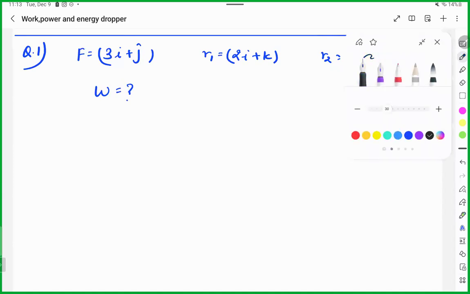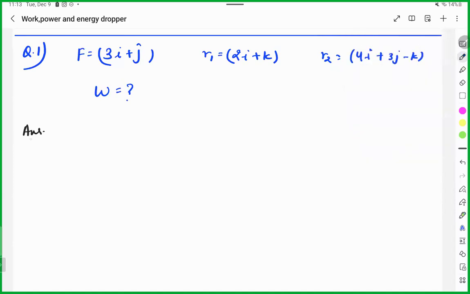So, how to calculate work done in this situation? You know work done is equal to force dot displacement, correct? You have the force value. If you get the displacement, then the job will be done. How to calculate displacement? Final minus initial.